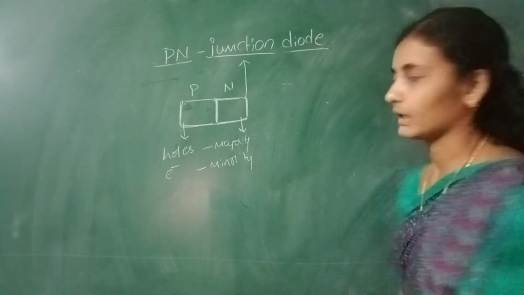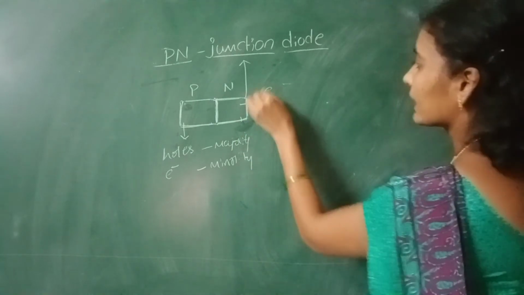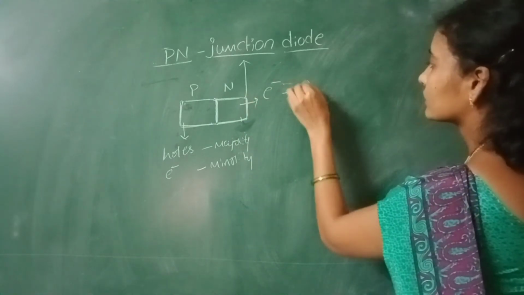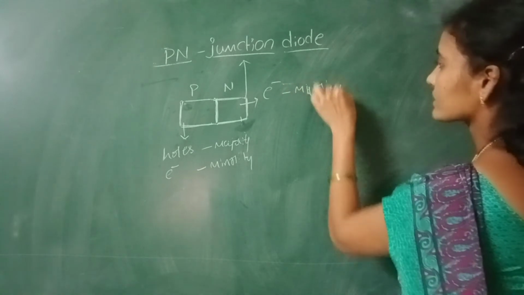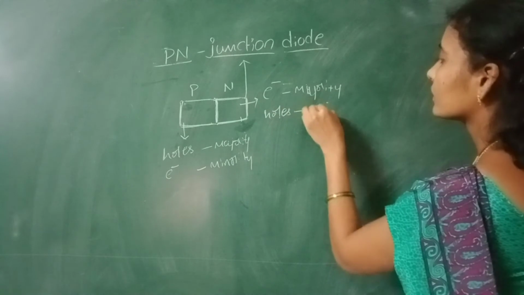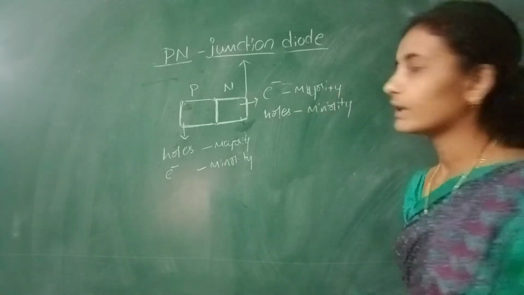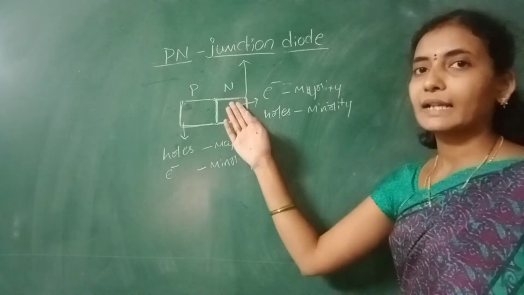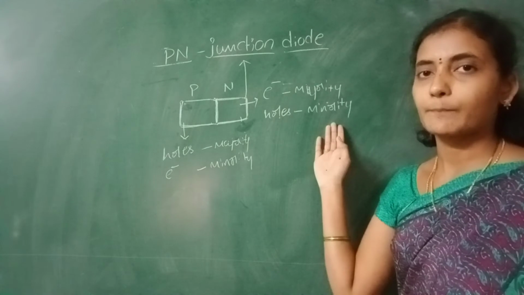Coming to the N-type material, electrons are the majority and holes are the minority.